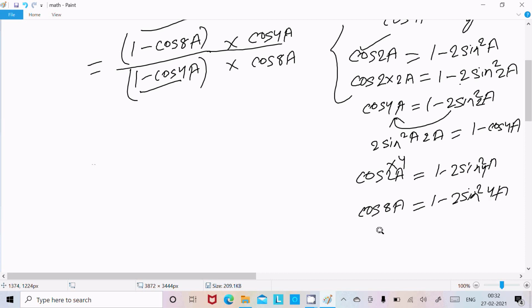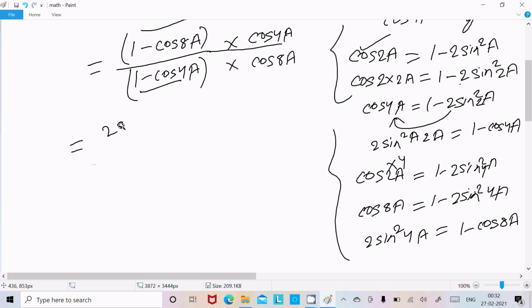Now if I simplify this, it becomes 2 sin square 4A equals 1 minus cos 8A. So 1 minus cos 8A we can write as 2 sin square 4A into cos 4A.